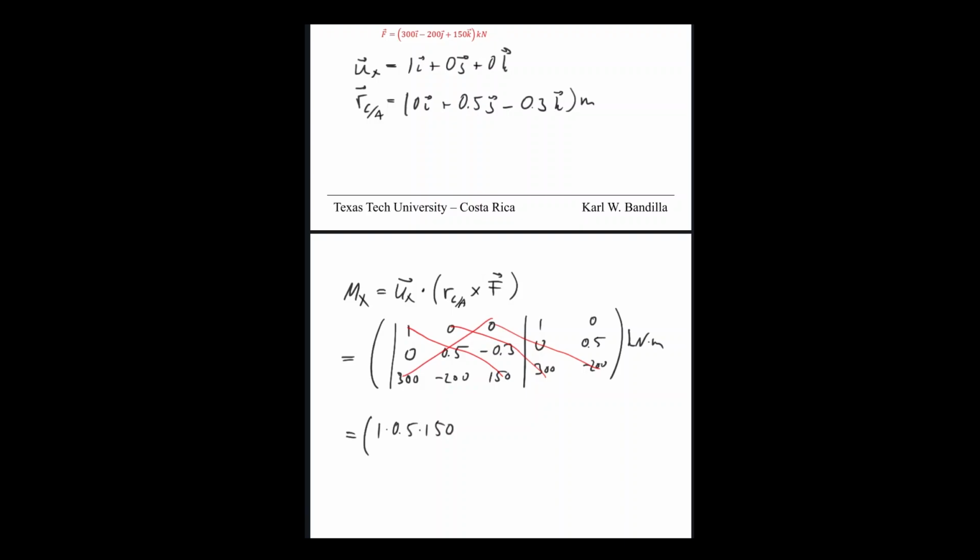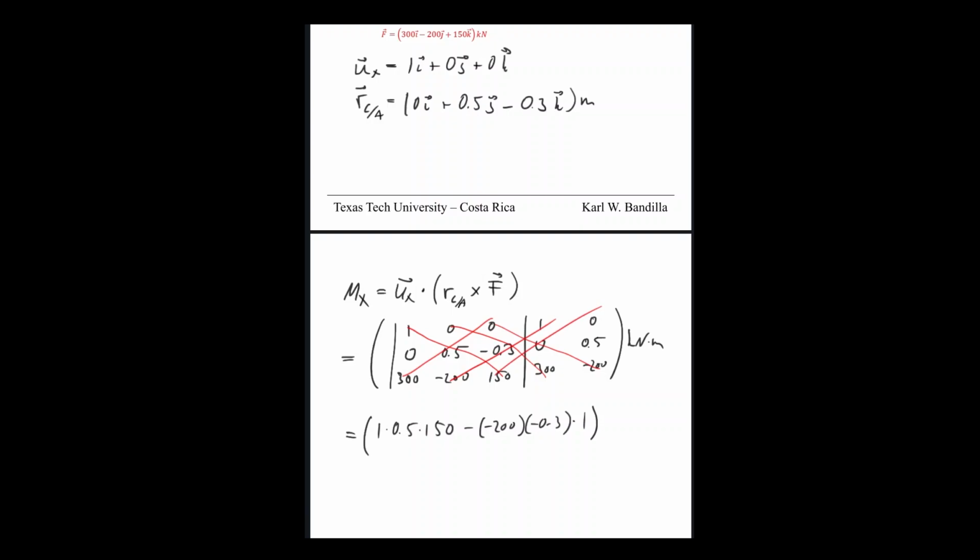Then we get minus, because we're upward, 200 times minus 0.3 times 1, and then another 0.